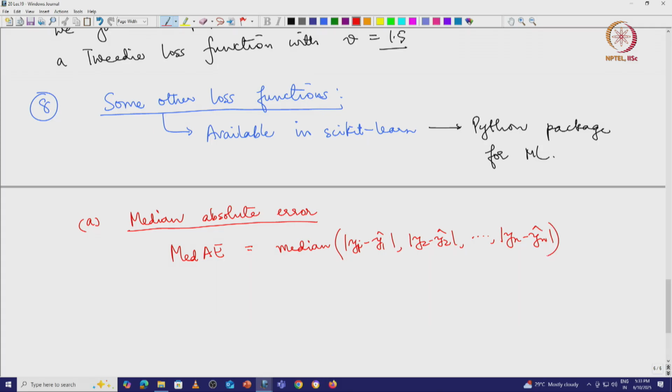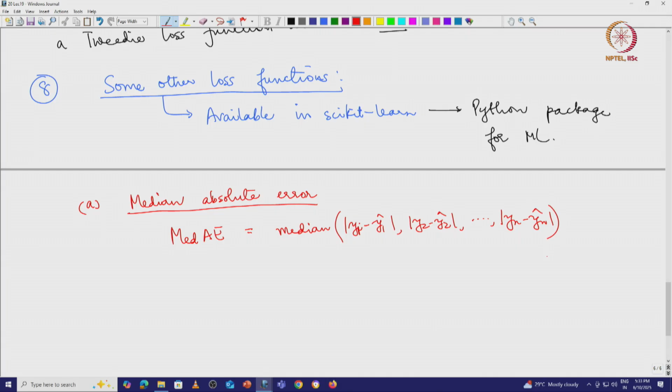So the median of these errors will tell you the loss function value. So that is one particular loss function, and the other one is called the max error, right. In this case you are mainly concerned about the maximum error that has been incurred. That is max over all the data points of yi minus yi hat.